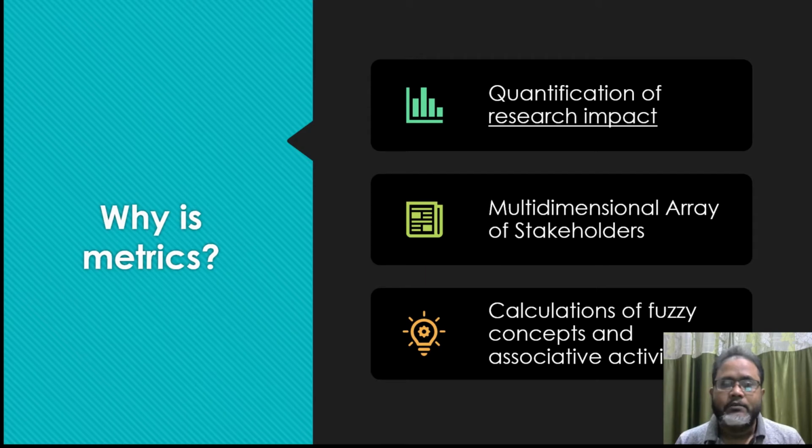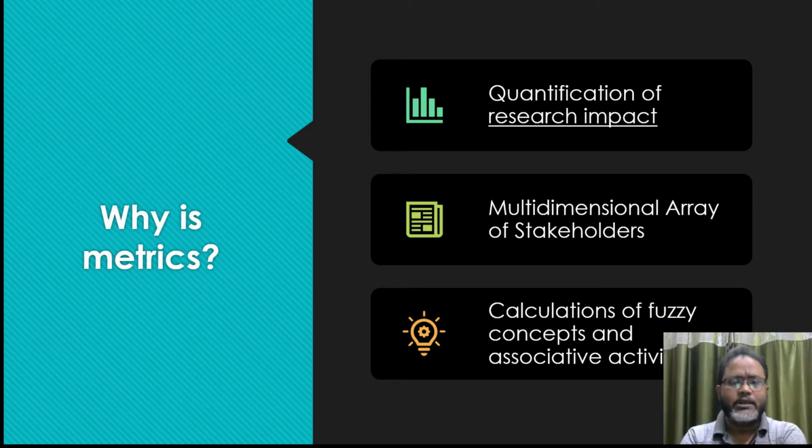And then we have to understand the multidimensional array of stakeholders. In metrics, there are different types of stakeholders. For example, the author himself, the publisher, then the citation agencies, or the databases where indexing and abstracting of articles happens.